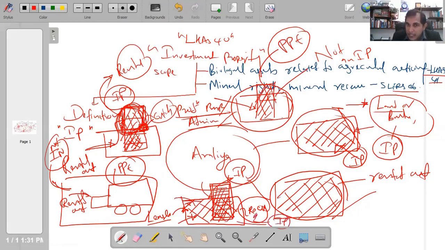But there is a discussion on how we are going to measure the right to use asset. Generally we recognize and measure the right to use asset based on SLFRS 16, the leasing standard.